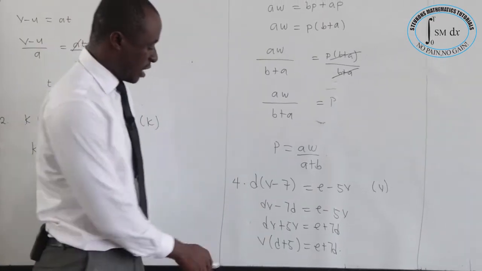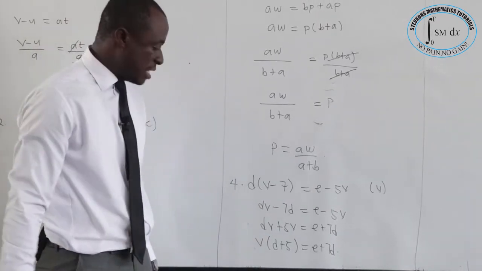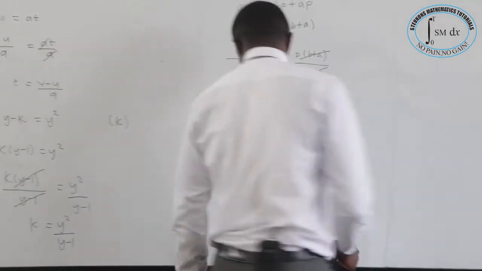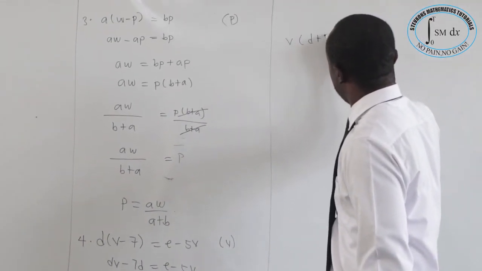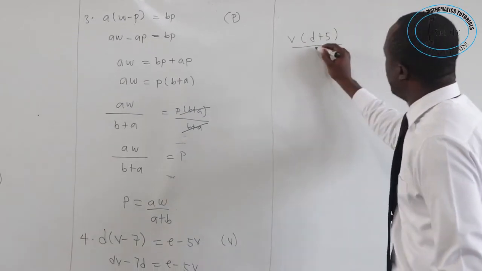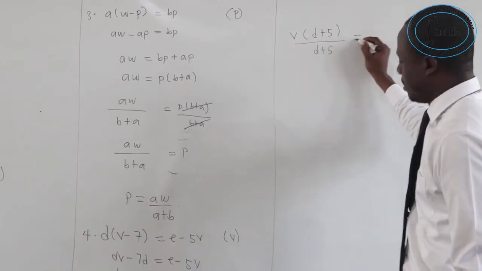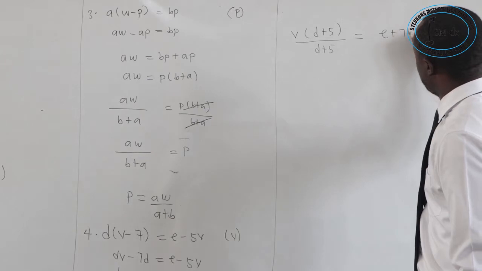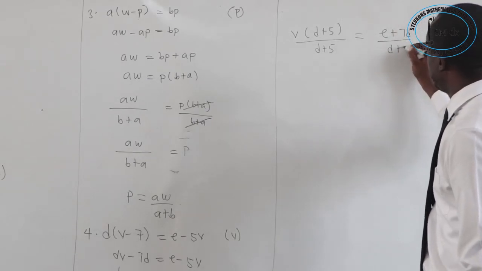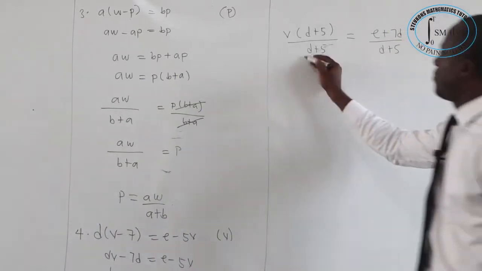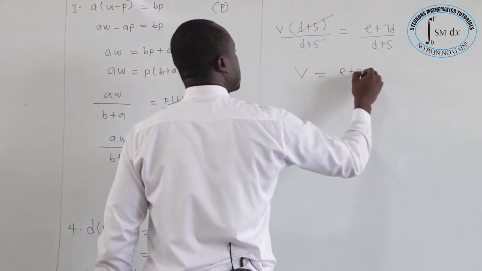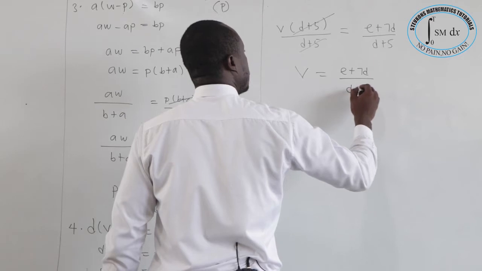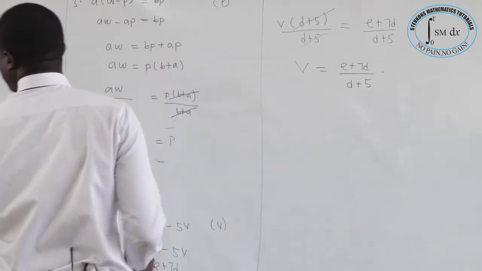We want to make v the subject, so we divide by what is multiplying the v, and that is d + 5. So we have v(d + 5)/(d + 5) equal to (e + 7d)/(d + 5). So d + 5 cancels d + 5. We have our v to be equal to (e + 7d)/(d + 5).